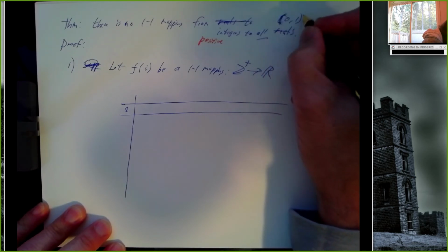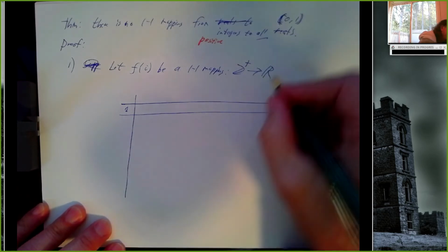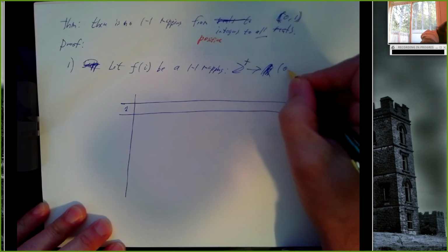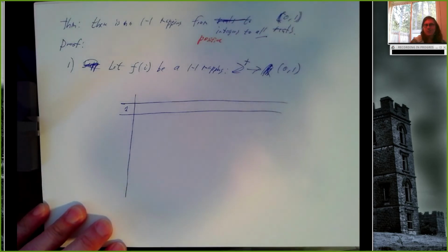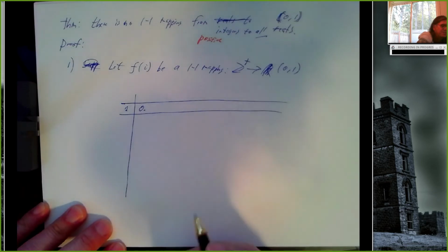Let's just try to map to the interval from 0 to 1. Certainly if we can map to all the real numbers, we can map to the numbers between 0 and 1. So let's keep this simple. Let's just map to real numbers between 0 and 1. So every one of these numbers is going to be 0 point followed by something.